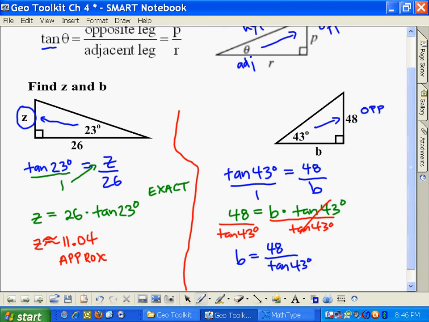Now go ahead and grab your calculator and enter in 48 divided by tangent of 43, and if done correctly, it will be approximately 51.47. So that's our approximate answer right here, 51.47, and it's exactly 48 divided by tangent 43. So that's the basics on how the tangent ratio works.